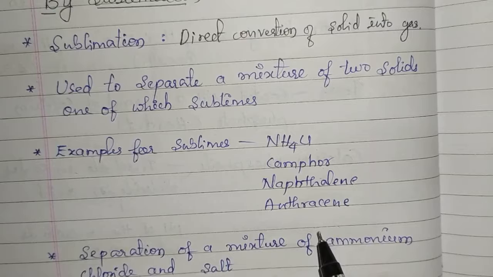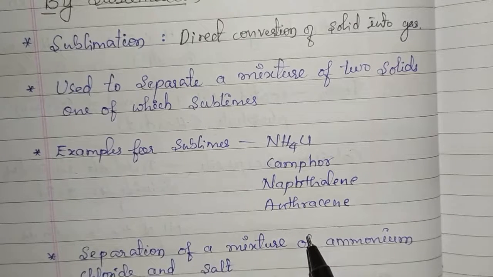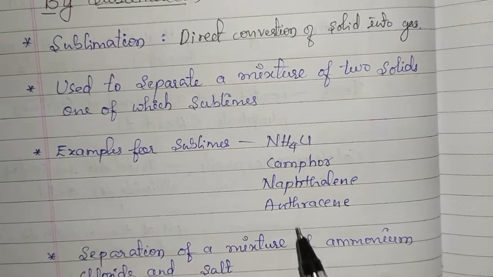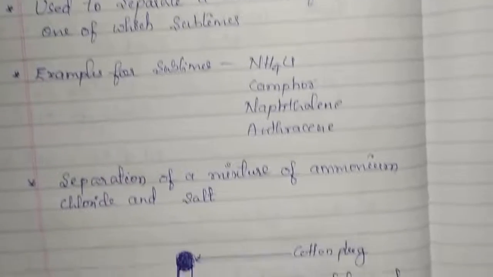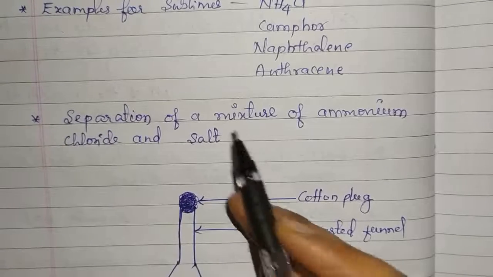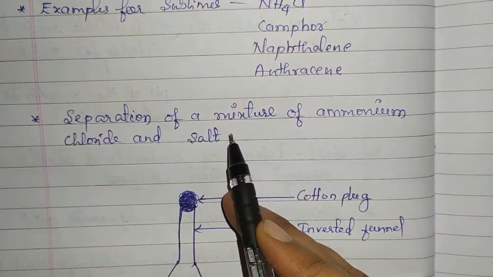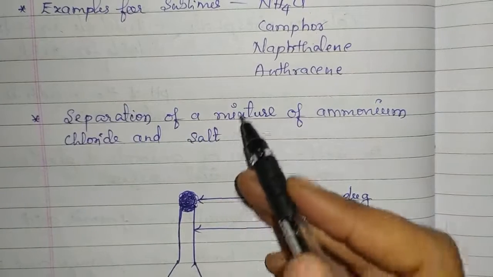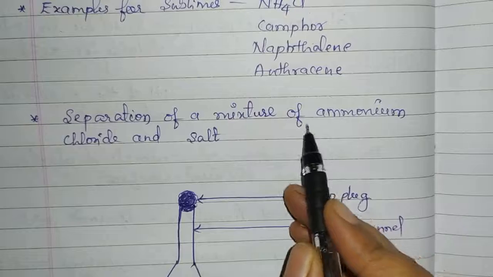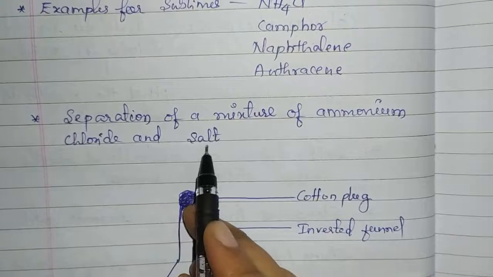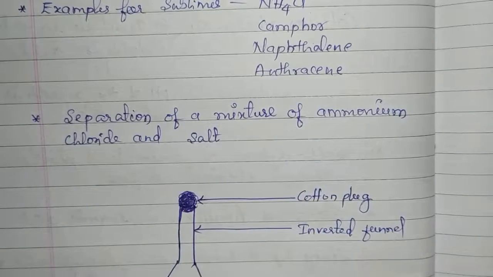Let us see how the components of a mixture are separated by using this technique. Now we are going to learn this technique with an example, that is, separation of a mixture of ammonium chloride and salt by using the sublimation technique.